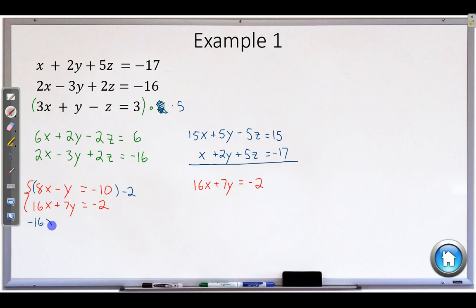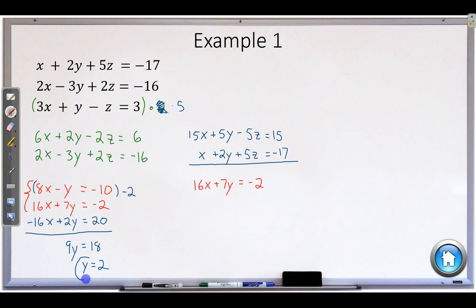Negative 16x plus 2y is equal to positive 20. I can now combine these two. The 16x's go away. 7y and 2y is 9y is equal to 20, and negative 2 is 18. And that goes pretty easily. Y is equal to 2.